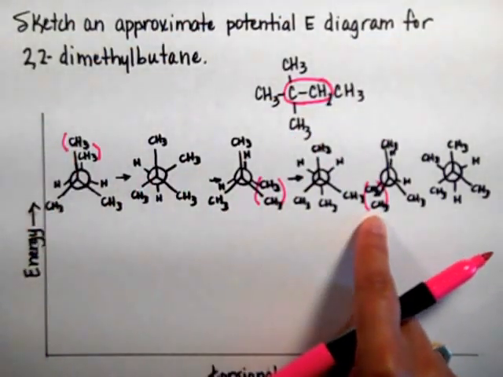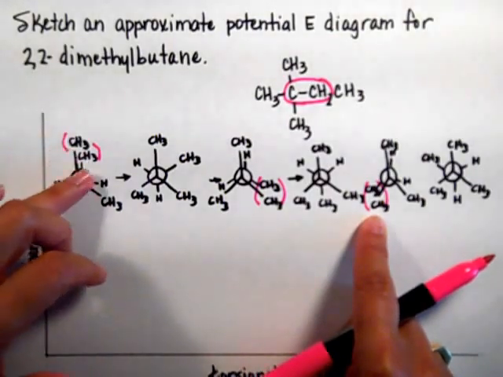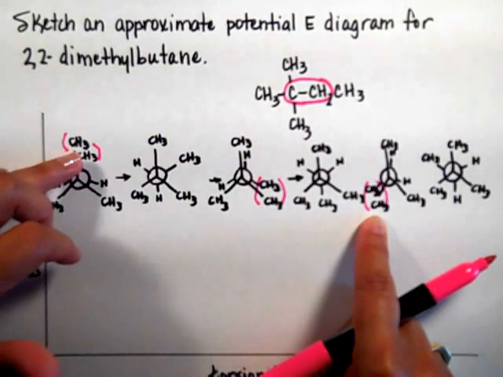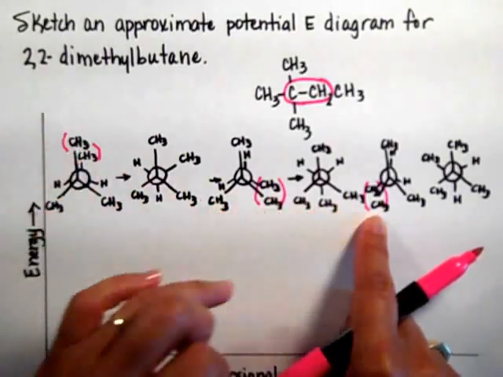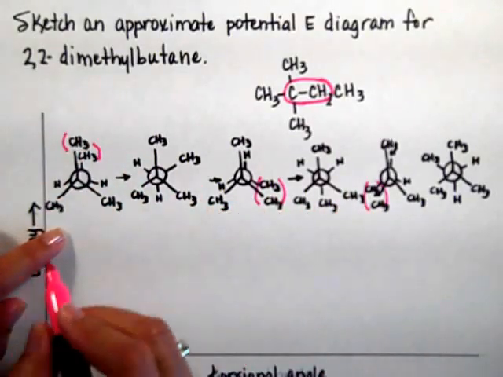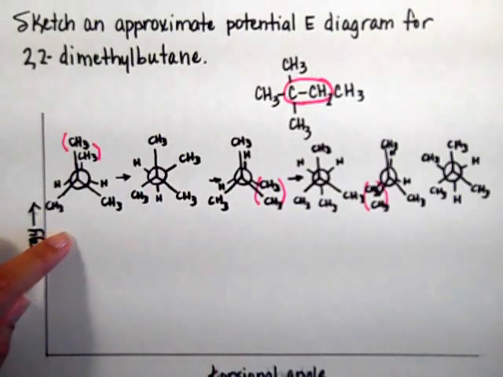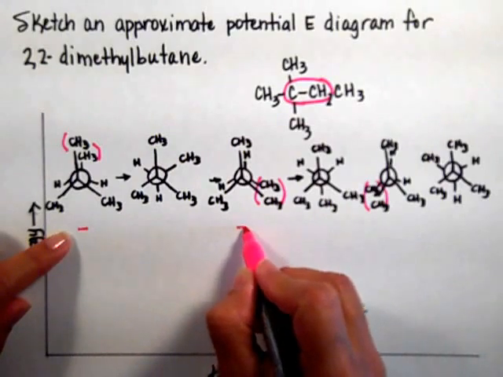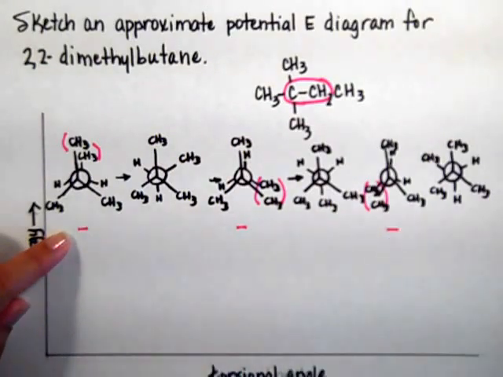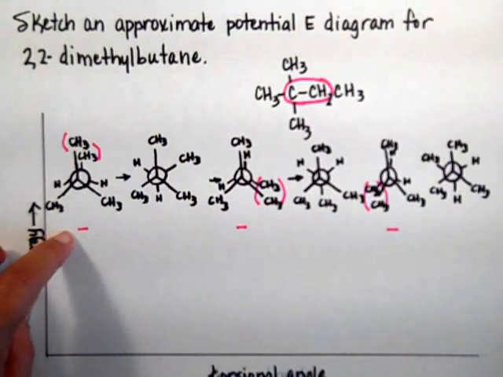So my 3 eclipsed conformations are going to have 0 degrees between the methyls. It really doesn't matter where you get that torsional angle. Those eclipsed conformations are going to be high in energy, and the 3 of them are going to have about the exact same energy. So I'm going to put 3 lines right there.